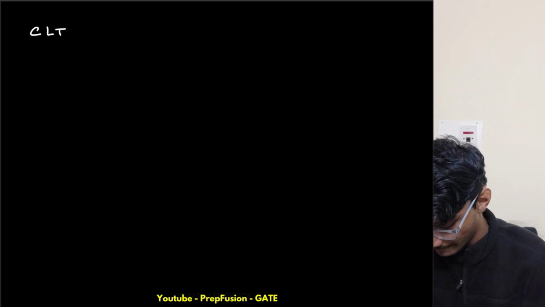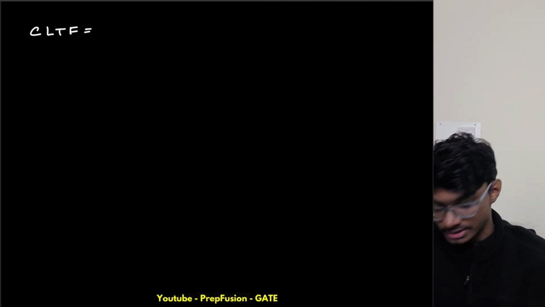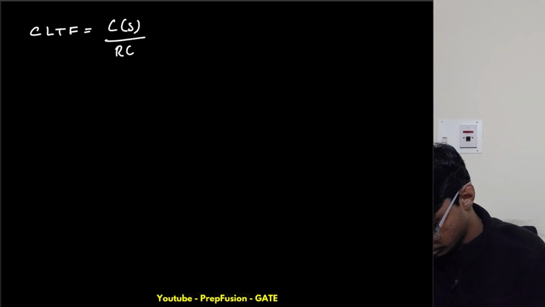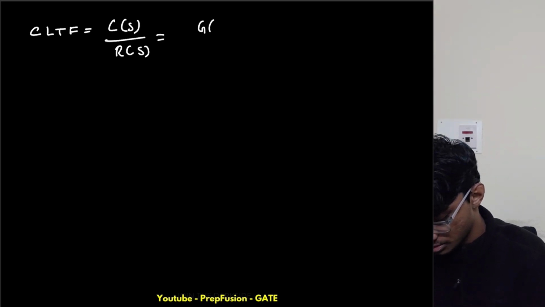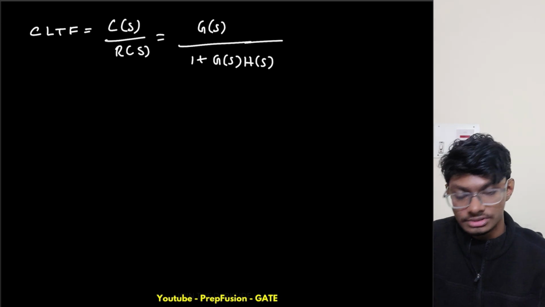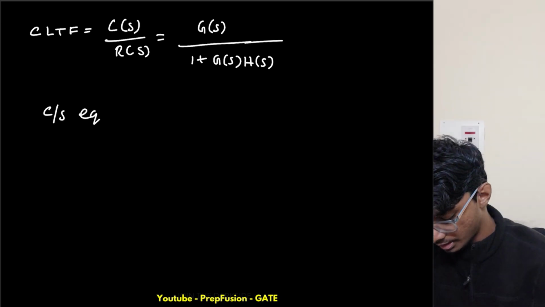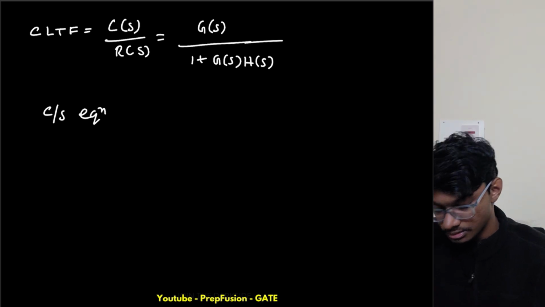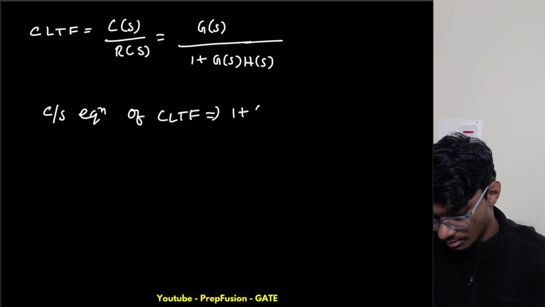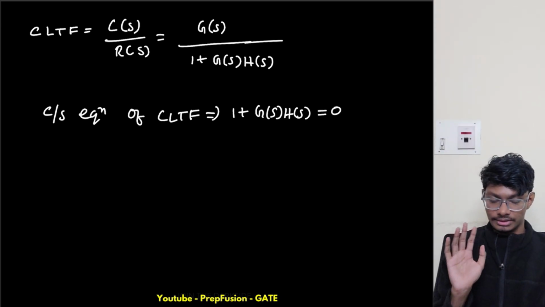CLTF is basically C of S upon R of S, which equals G of S upon 1 plus G of S into H of S. So this is what my CLTF is. And what is my characteristic equation? The characteristic equation of the CLTF is basically 1 plus G of S into H of S equals 0. This is what my characteristic equation is.